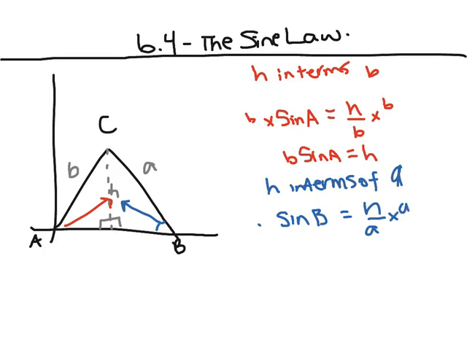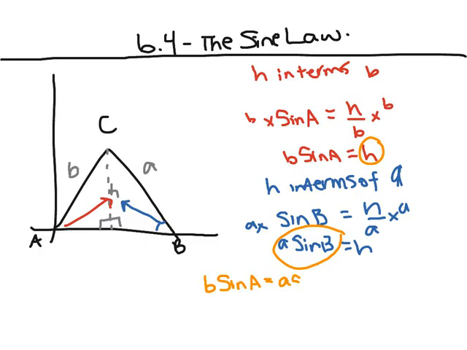Multiply both sides by a, and we're left with a sine B equals h. Now because we know they both equal h, we can replace this h with that. So we can make them equal to each other. So b sine of A is equal to a sine of B.